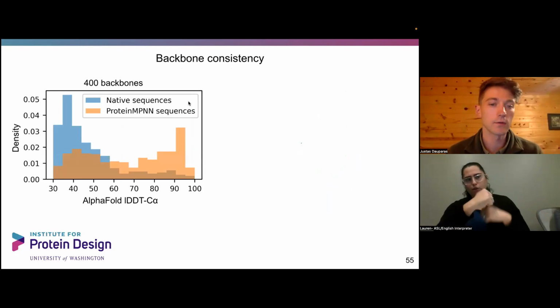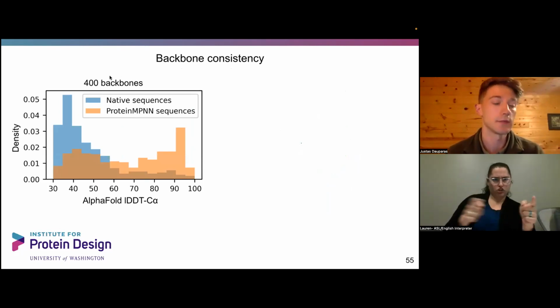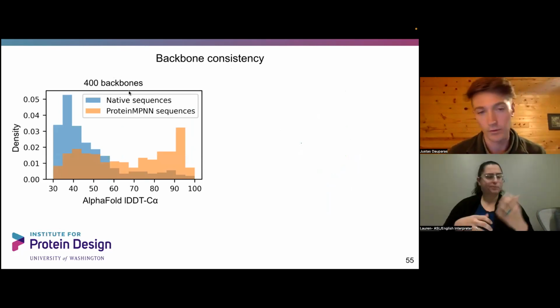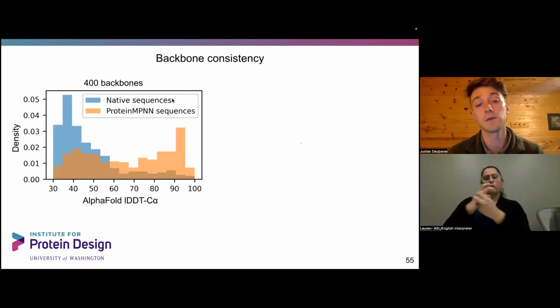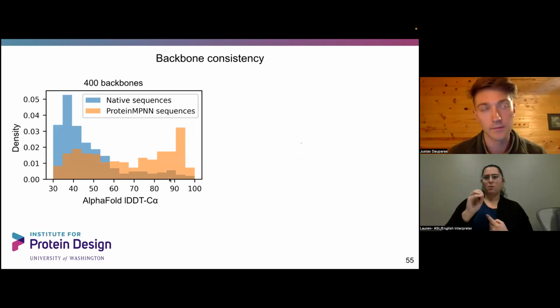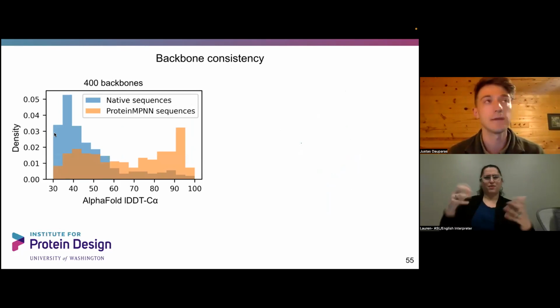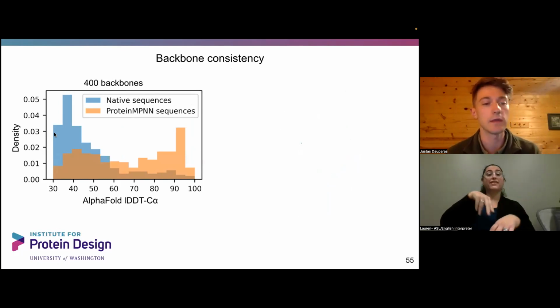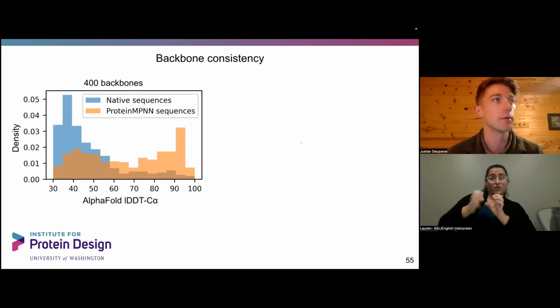If we look at these native sequences, so 400 protein backbones, and take the native sequences without any homology data, the AlphaFold match between the input and the output is really low, because it's really hard to predict native sequences with just a single sequence without any evolutionary information. Those sequences are probably not very ideal.